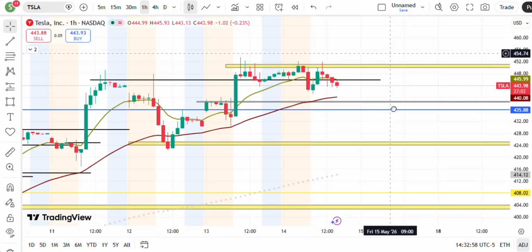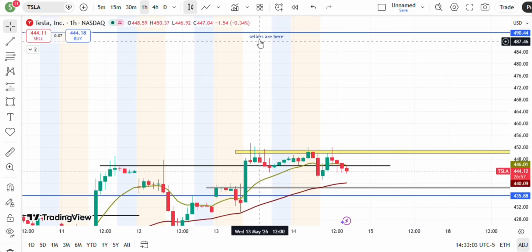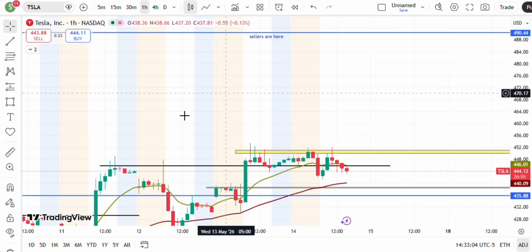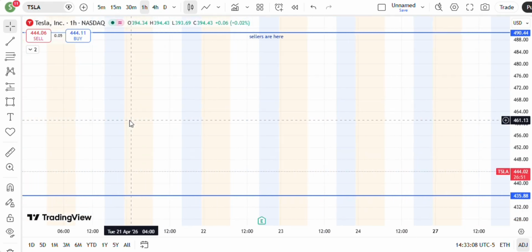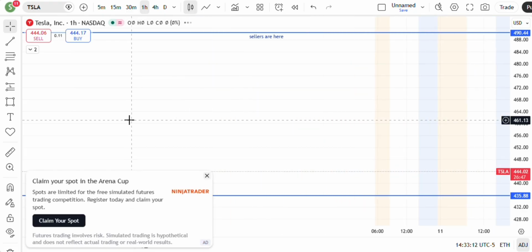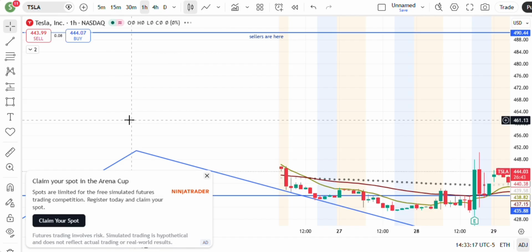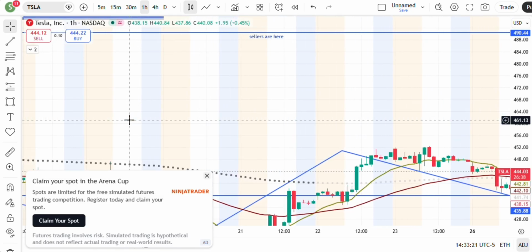So now let's make note of that. Where do we want to go? I know the next level is 490, but I'm not looking for that right now. So the next level should be, let's make note of that. What I tell you, I always look left. So we're at 444.